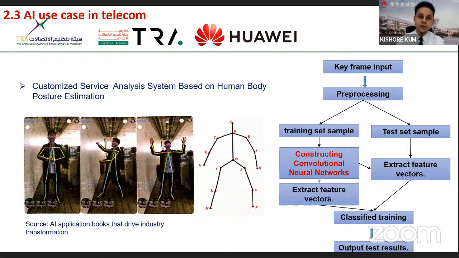For example, in our service booth, the customer comes in, he might be in a hurry, or he or she might be an elderly person or a person with a baby. Based on that, we can analyze their gestures and their movement and guess what situation they might be in. So if they're in a hurry, or with a baby, they might need some special care. And based on that criteria, we can provide them with different suitable services.